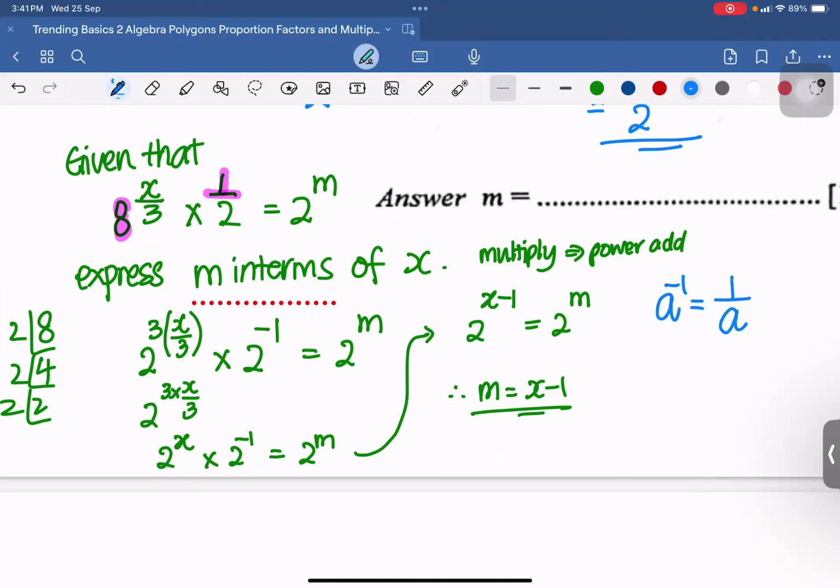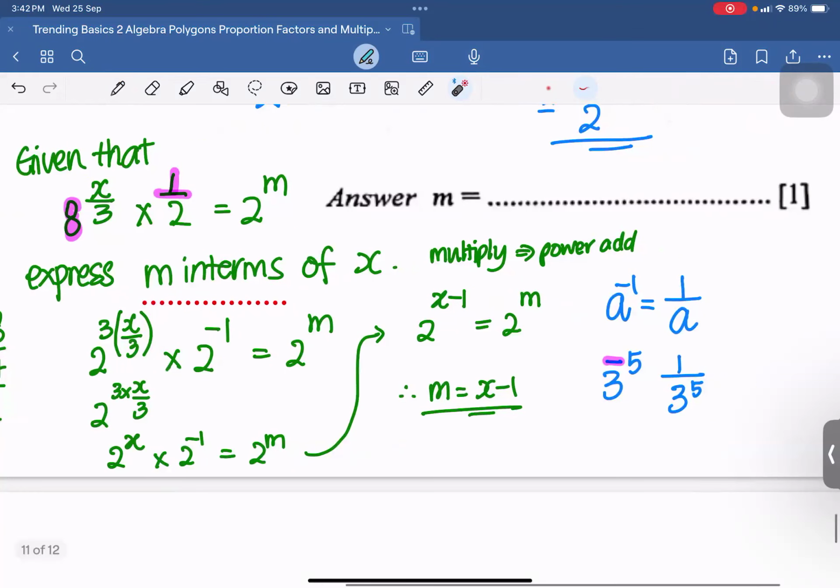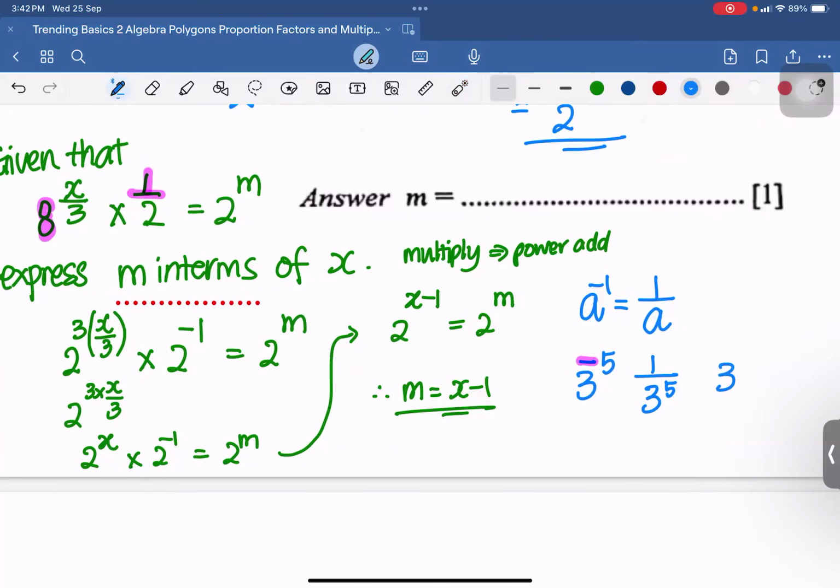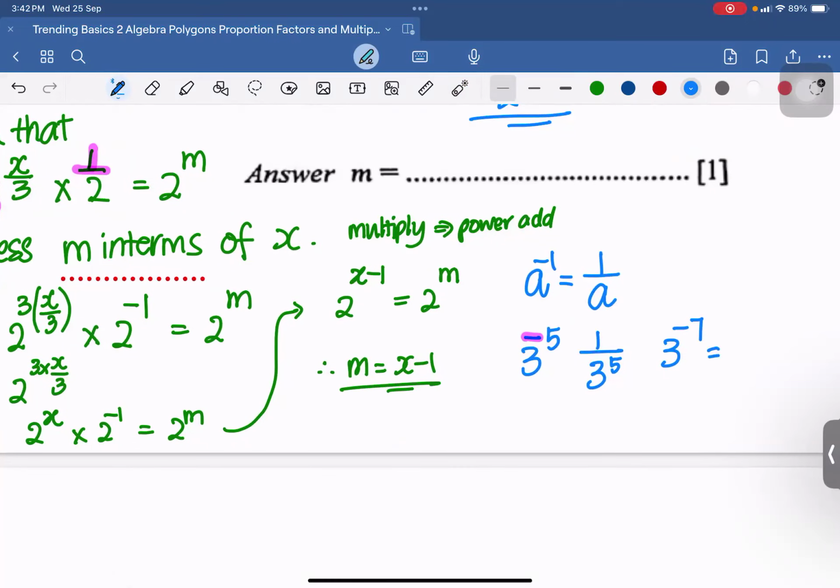So if I give you 3 to the power of negative 5, the negative power means it's 1 over 3, then the power changes to positive 5. So if I know this can become like that, I should be able to do the reverse. So if I have 3 to the power of, let's say, negative 7, this one will become, wait.